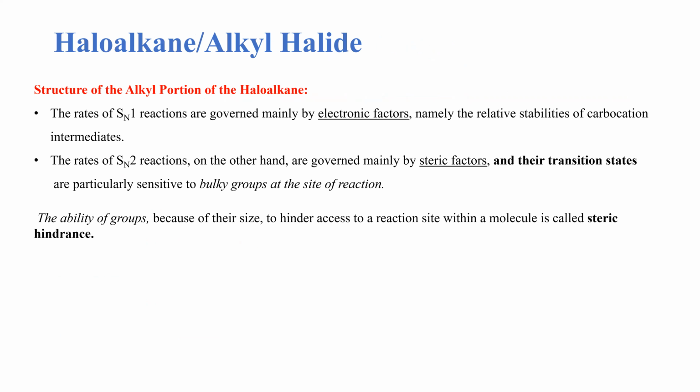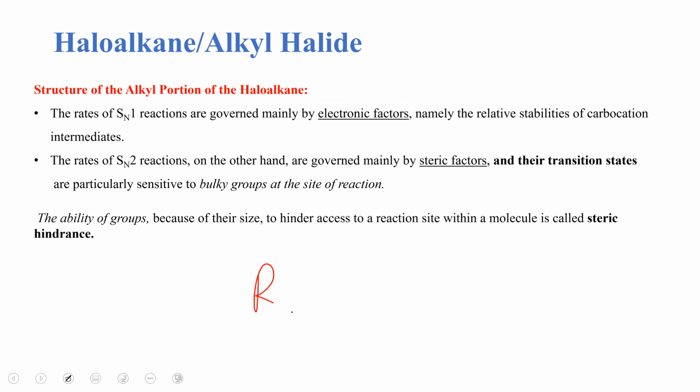When we say that we are going to talk about the haloalkane, the very important thing in the structure of the haloalkane is the alkyl group or the R group. And as we have seen, the haloalkane is basically having the R, which is bonded with one of the halogens.